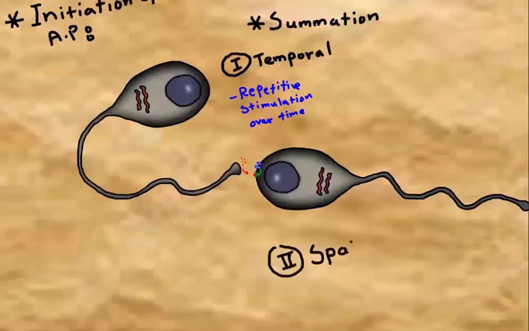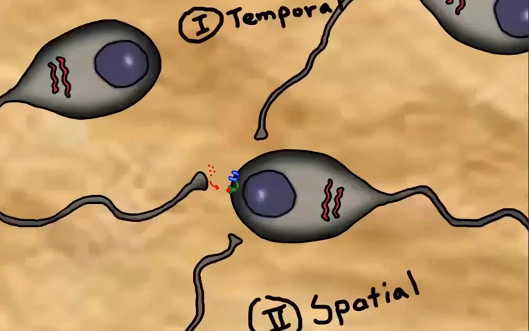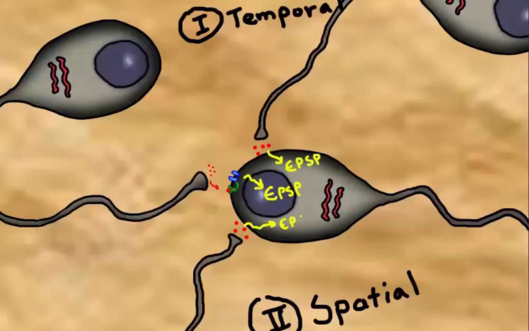Or it could be spatial summation, and here there are many presynaptic neurons giving signals to one post-synaptic neuron, so that excitatory post-synaptic potentials happen on many sites on the surface of the cell membrane.